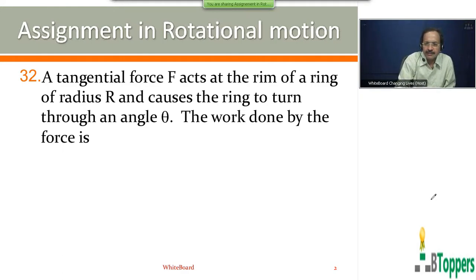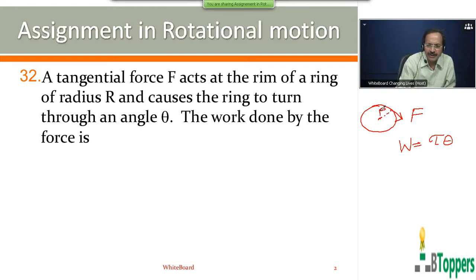The work done on a rigid body, when it performs pure rotational motion about a fixed axis, is given by W equal to torque tau into angular displacement theta. Here the force F is applied tangentially at a point on the rim of the ring.